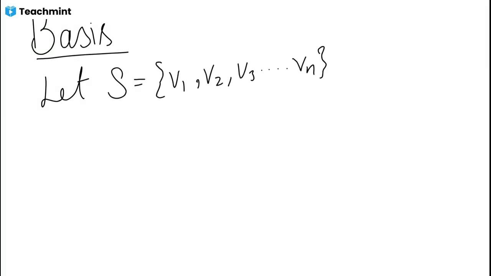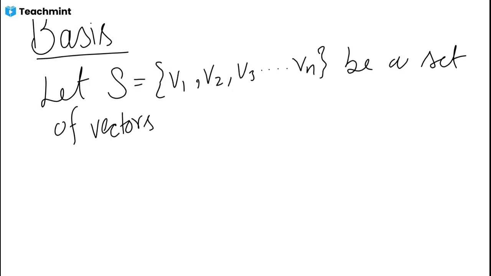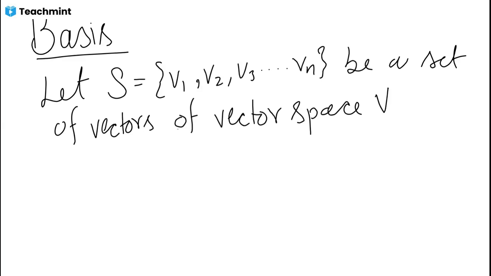So let us understand basis. Let S, having the vectors v1, v2, v3, up to vn, be a set of vectors of vector space V, and S is a subset of V also.